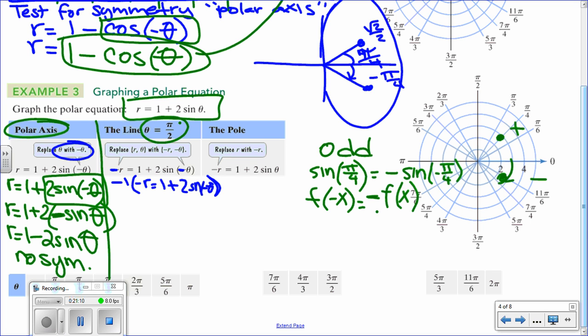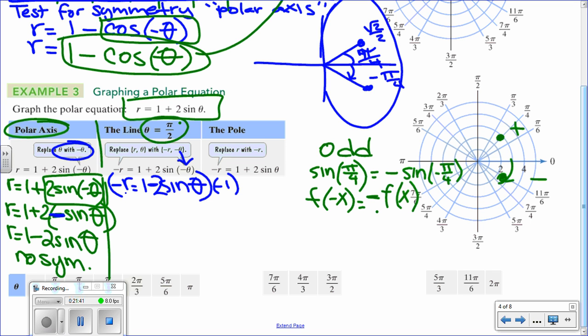But first I'm going to take care of this part. So it will be negative r is equal to 1 minus 2 sine of theta. Why did I do a minus? Same reason: because we replace the angle with negative theta, and sine is an odd function. After that, we multiply everything by -1.